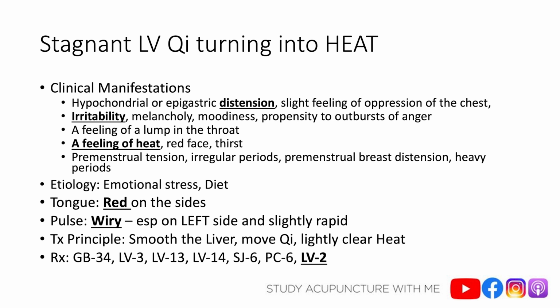And then if you look at our treatment principle, it also progressed. So now, in addition to smoothing the liver and moving qi, we also have another treatment principle to clear this heat out. And that's also why the point prescription is the same as for liver qi stagnation, with just one additional point, and that's liver 2. Liver 2, we know, is the yin spring point of the liver channel.